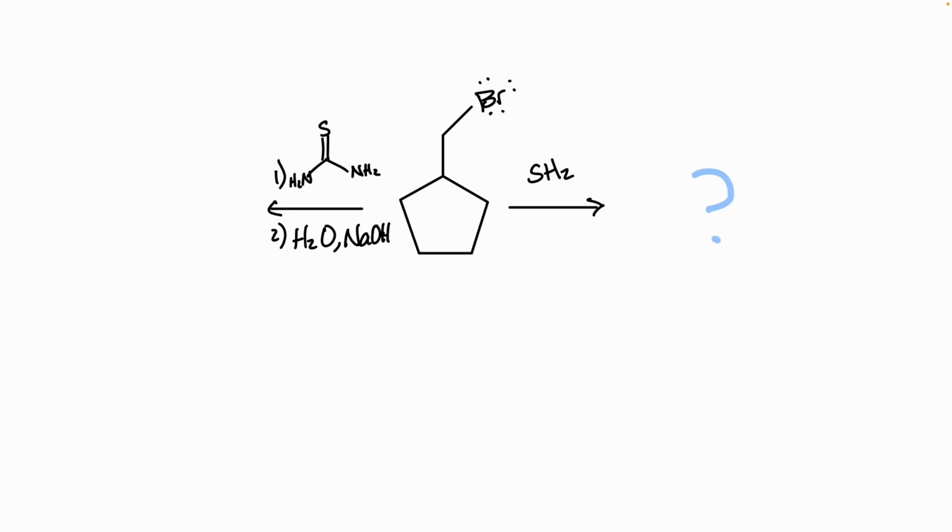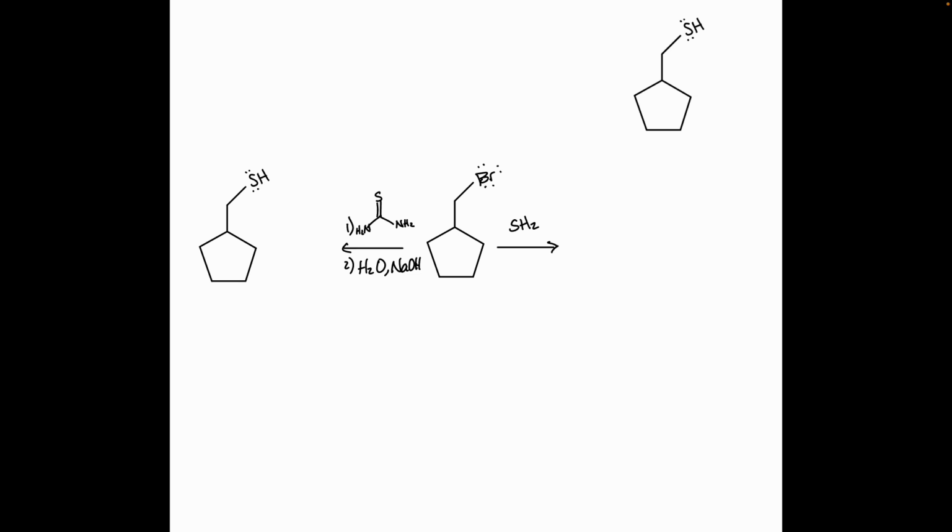All right, so that thiourea method is just going to take our alkyl halide and replace that halogen with that thiol group. If we tried to do the same thing with our hydrogen sulfide, we would indeed create that same thiol.